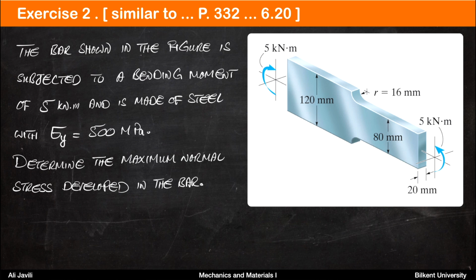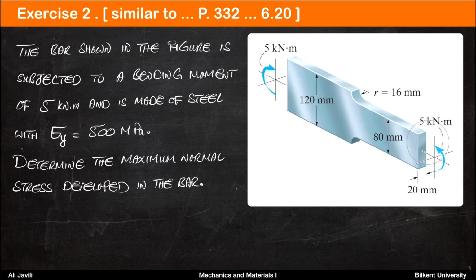Exercise 2 of this lecture is similar to problem 6.20 on page 332 of the book. The bar shown in the figure is subjected to a bending moment of 5 kilonewton meter and is made of steel with yield stress of 500 megapascal. Determine the maximum normal stress developed in the bar.